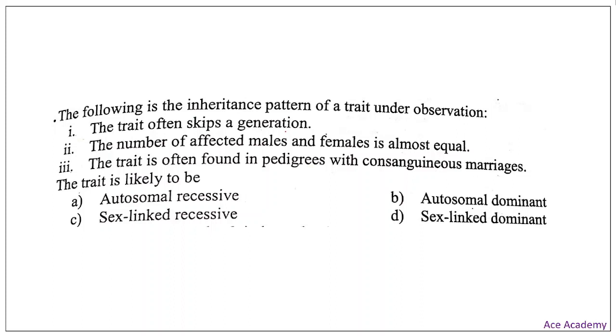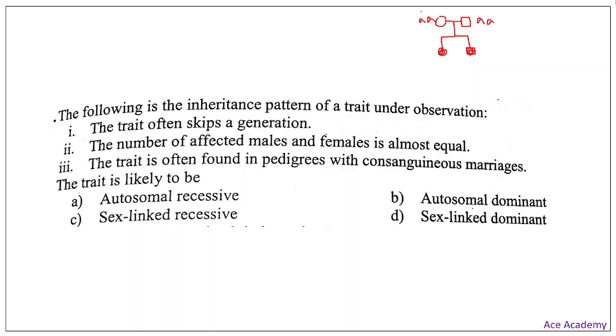If that seems too confusing to you, then let me make a pedigree. So suppose this is a normal female and this is a normal man and they both mate to give rise to two children, a female and a male. Both of them were affected. Now let's say that the trait is autosomal dominant. Since the parents are not carrying the disease themselves, they are homozygous recessive.